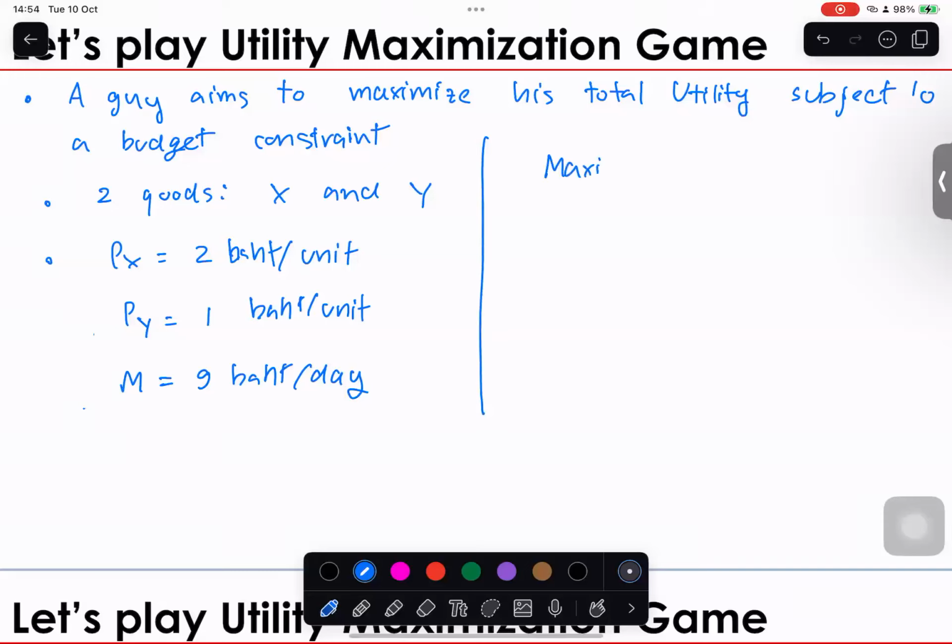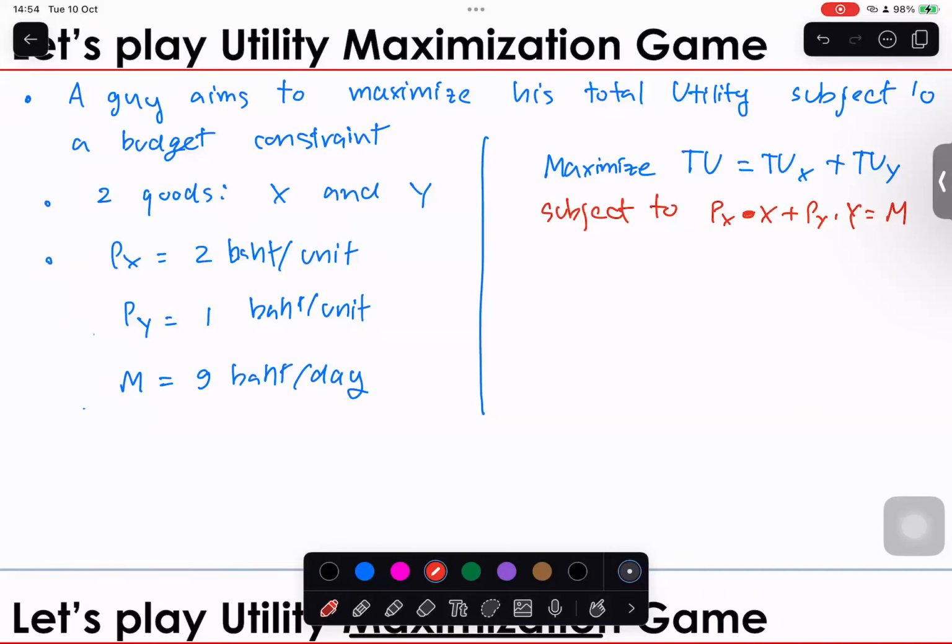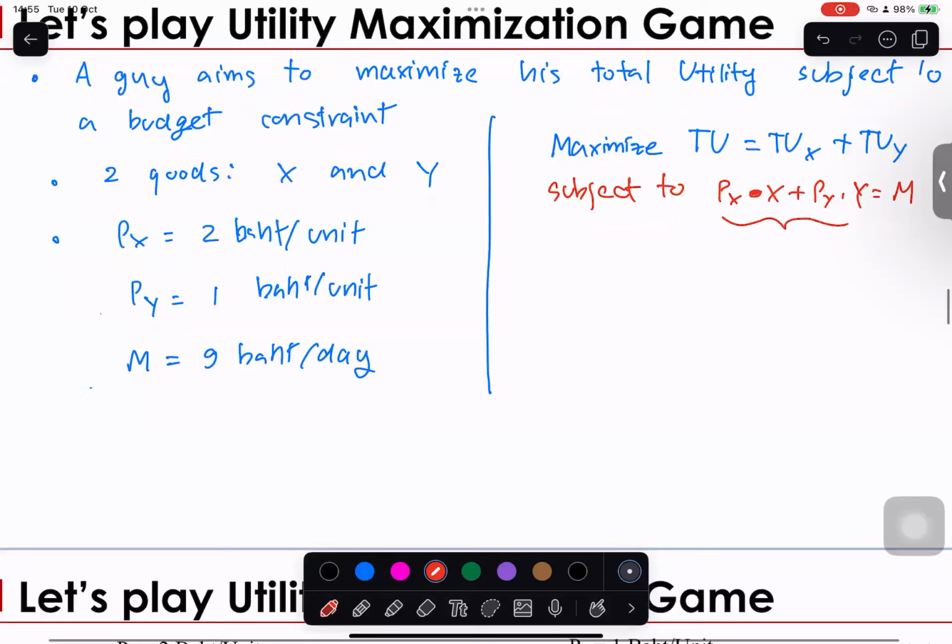So to maximize utility, total utility comes from TU from consuming X plus TU from consuming good Y, subject to expenditure equal to income, total expenditure.